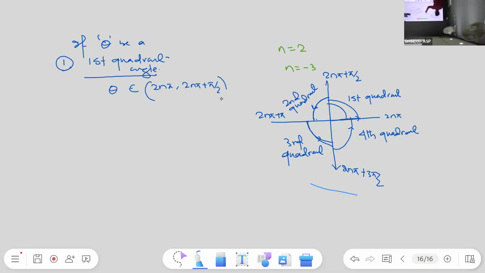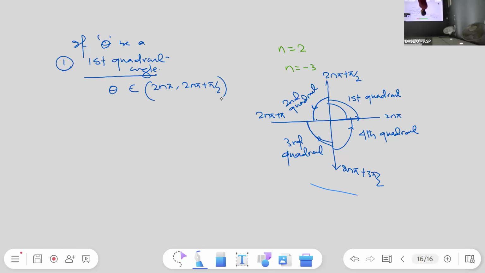You can't say the first quadrant angle is 0 to 90 degree. If the largest angle is 360 degree and the smallest angle is 0 degree, then you can say that the first quadrant angle is 0 to 90 degree. But here we discussed the largest angle is infinite, the smallest angle is minus infinite. So you can't say the first quadrant angle is 0 to 90. The first quadrant angle is 2n pi to 2n pi plus pi by 2.